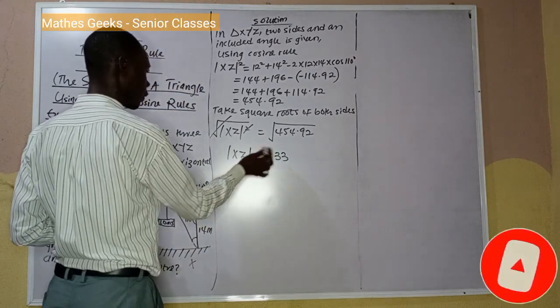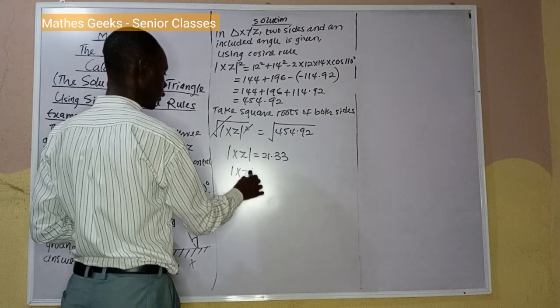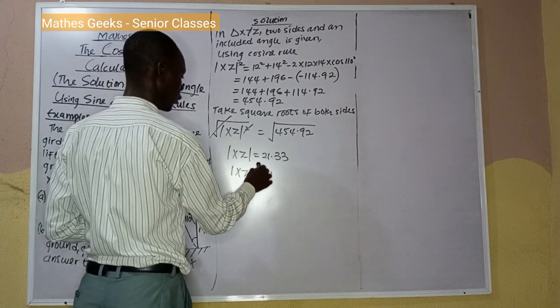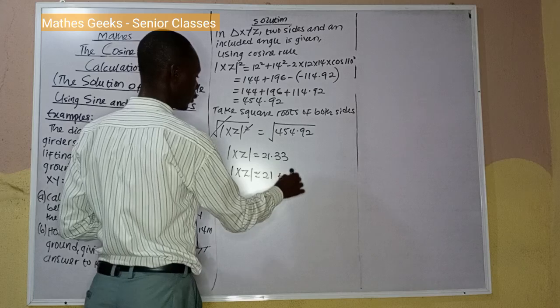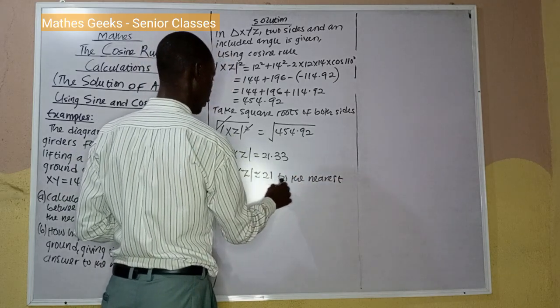So I'm going to approximate to the nearest whole number. So line XZ is approximately 21 to the nearest whole number.